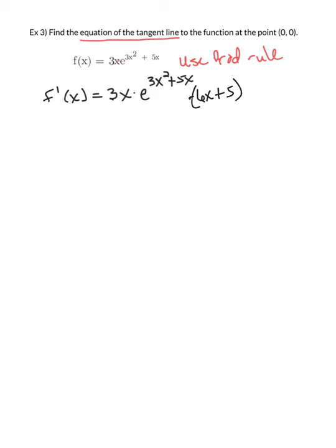Now, we need to add to that the second exactly as it was given, e to the 3x squared plus 5x, times derivative of the first, which is 3.